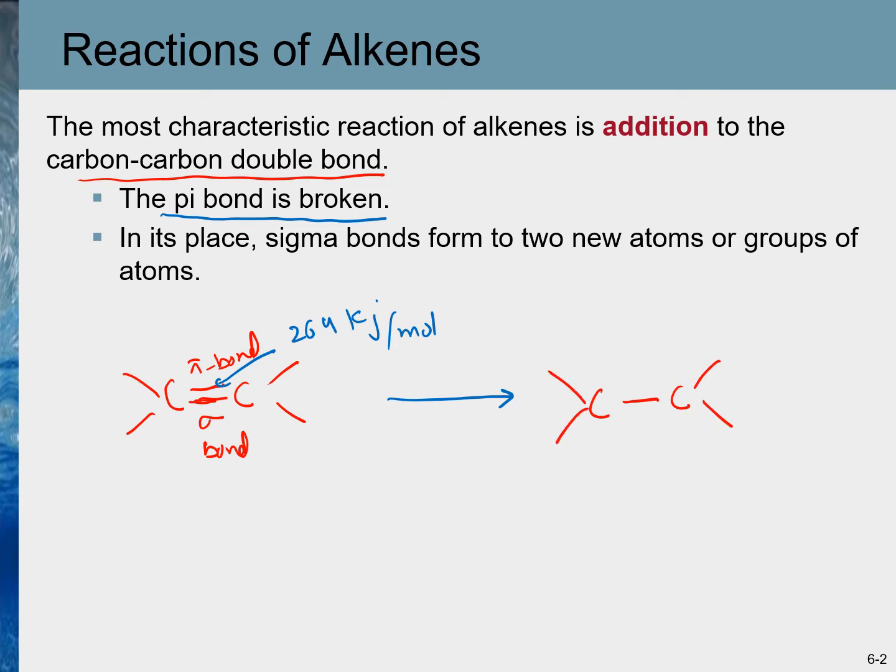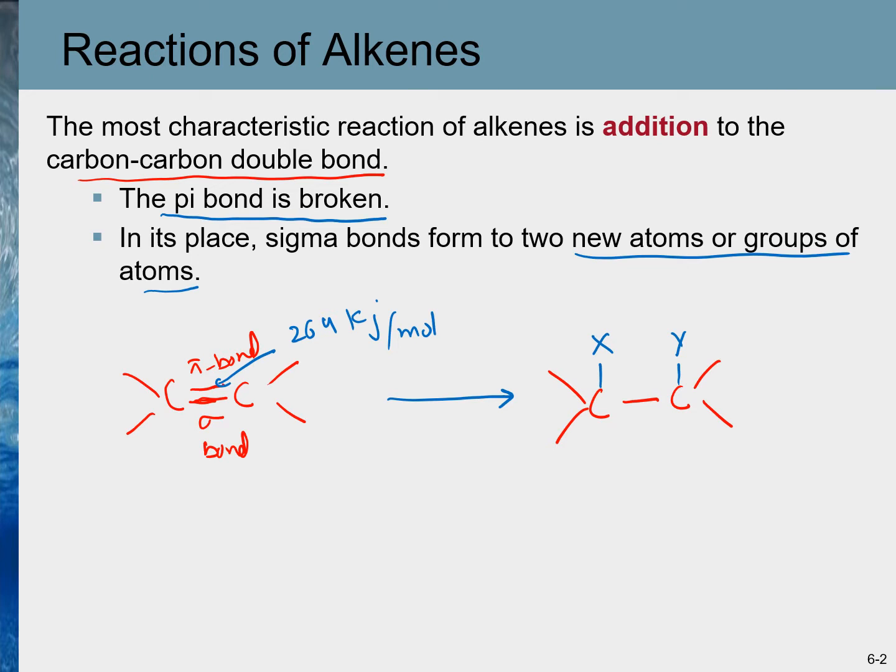and after breaking the pi bond, these carbons will have a place where another group or element can be added. So these kinds of reactions are known as addition reactions because two new groups or atoms will be added across the double bond.